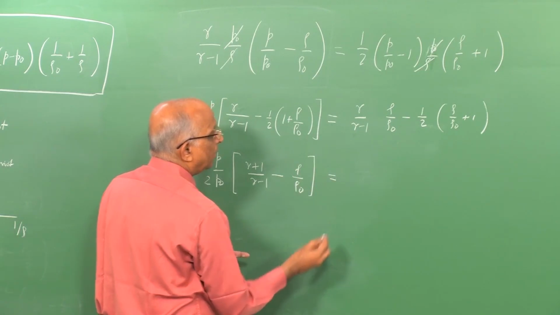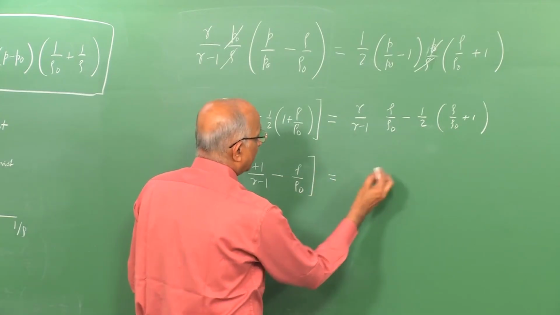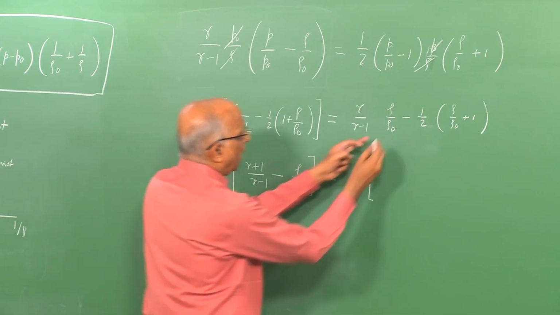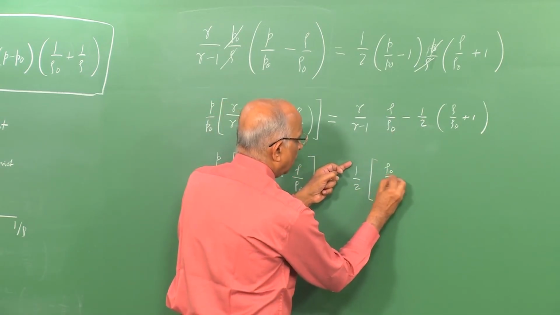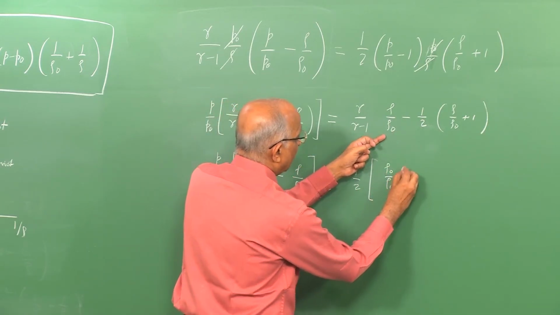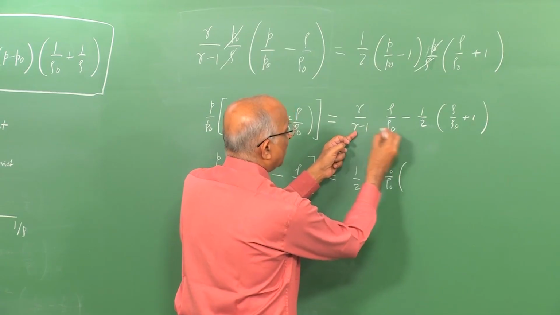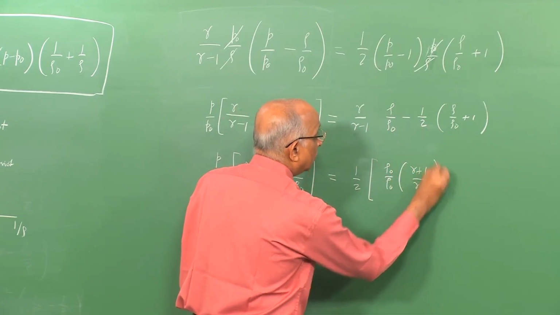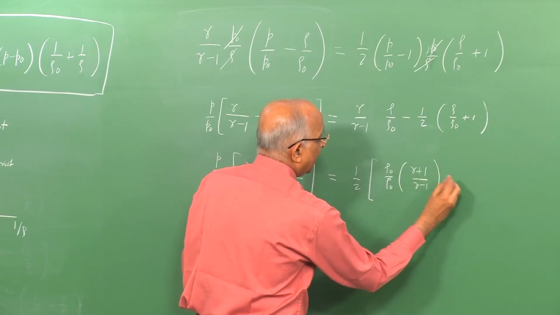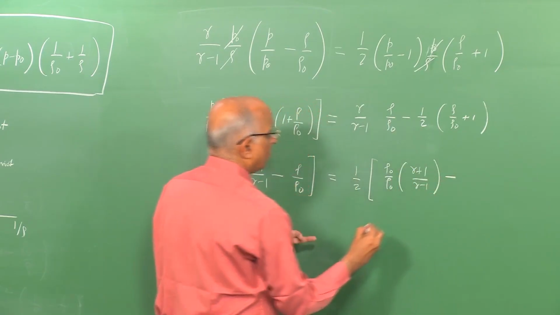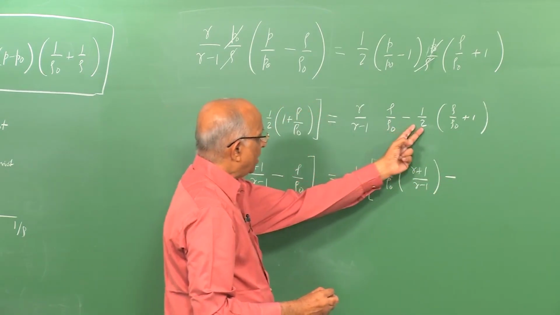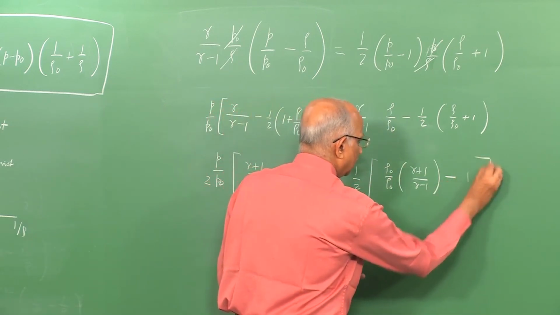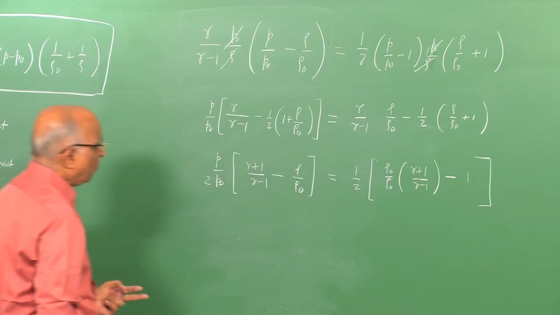is equal to the same thing I write on the other side, I have half over here, and therefore I have rho by rho0, which is here, therefore I write now gamma by gamma minus 1 minus half, which is equal to gamma plus 1 divided by gamma minus 1, and the half I have already taken outside. Therefore, I have minus the value of this is rho, this becomes minus 1 over here, and therefore what is it I get?